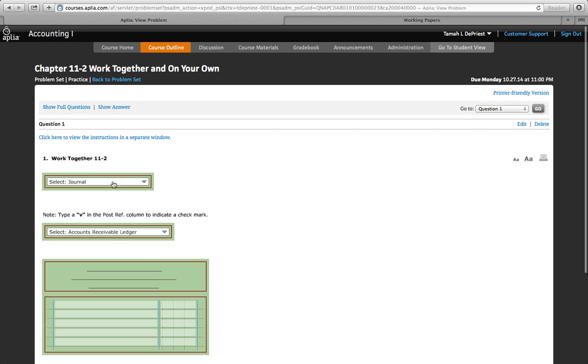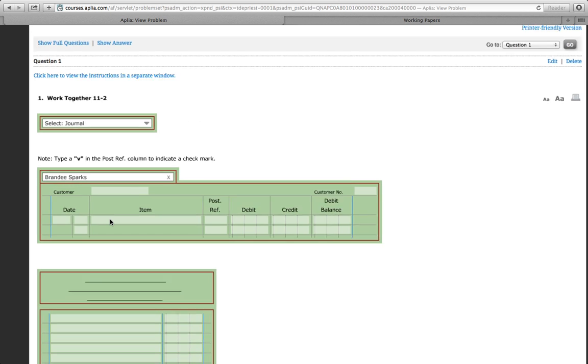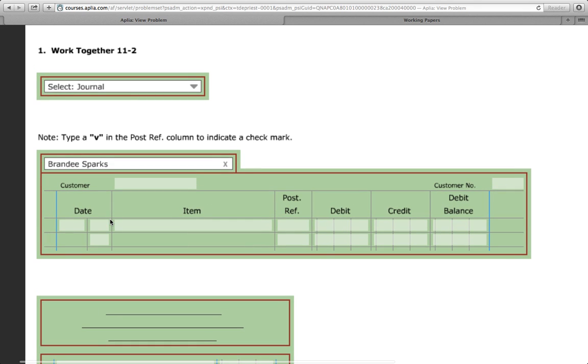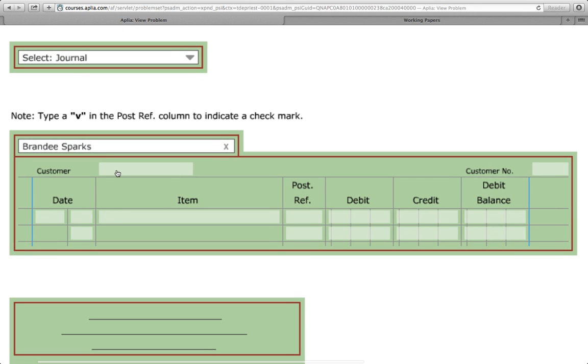So let's go open up a ledger for her. Basically what they're wanting us to pretend is that the previous ledger page was filled up and we had to start a new page for her. So we'll come in here and put her name, Brandy Sparks, and her customer number is 140.